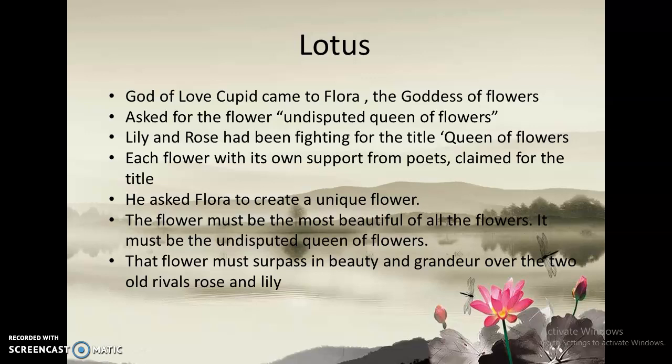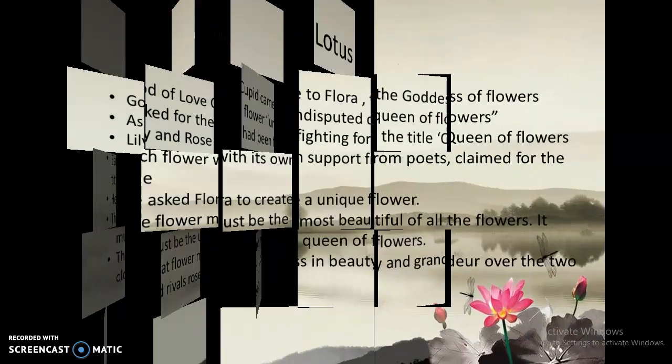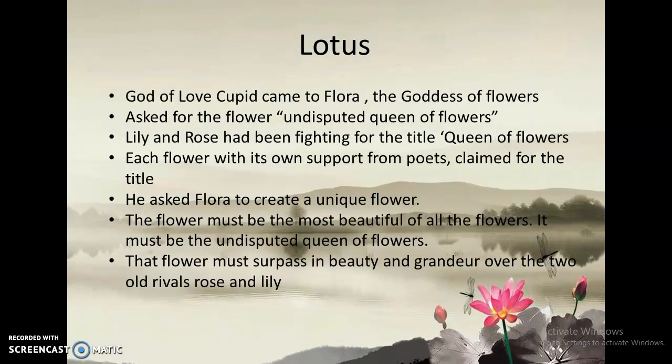The Lily and the Rose had been fighting for the title of queen of flowers for a long time. Each flower, with its own supporters among poets, claimed the title of undisputed queen of flowers. But the god of love rejected the claim of both flowers.